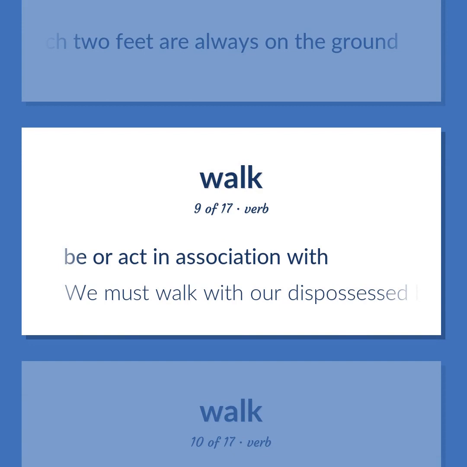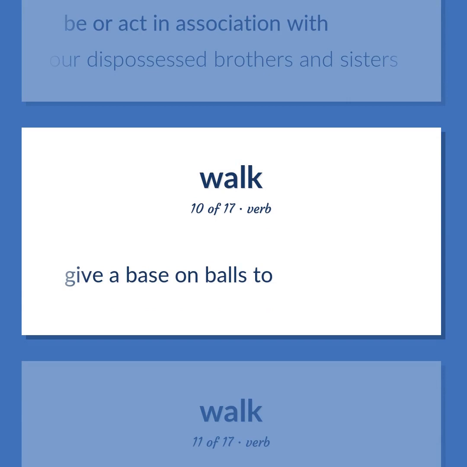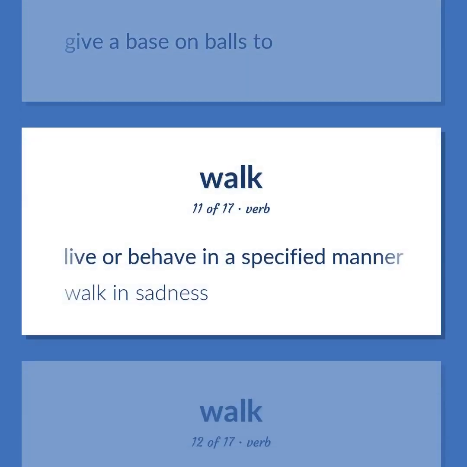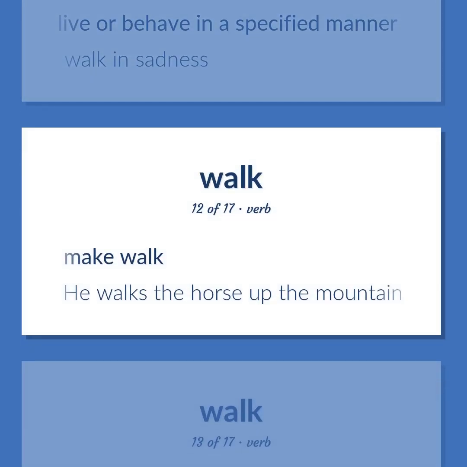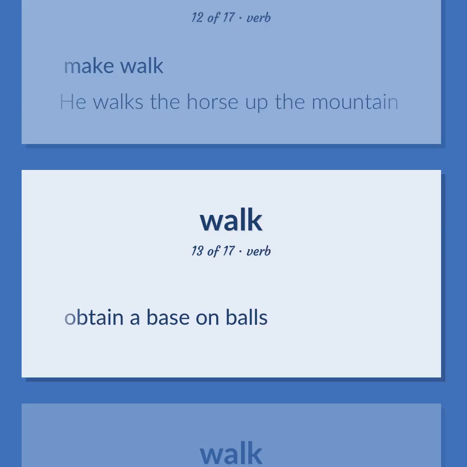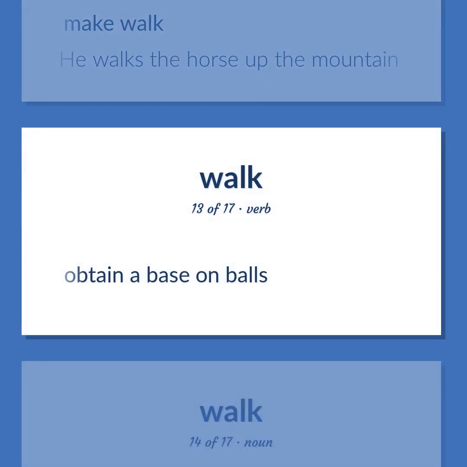We must walk with our dispossessed brothers and sisters. Give a base on balls too. Live or behave in a specified manner. Walk in sadness. Make walk. He walks the horse up the mountain. Obtain a base on balls.